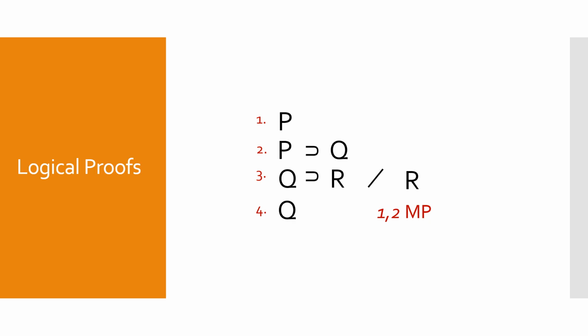And so the actual justification of this inference would just be 1, 2, and then MP to represent modus ponens, or whatever particular rule you end up using to derive the conclusion you're aiming at. And then, of course, based on proposition 3, which was a premise, and then number 4, which was an inference that we had drawn, when you put these together, following the rules of modus ponens, what we end up with is quite simply R as an inference that must be true.